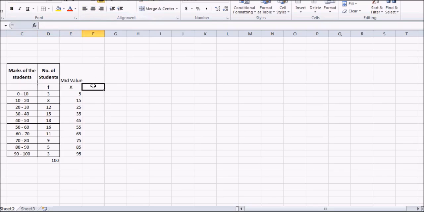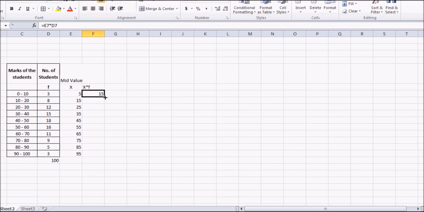Okay, so now we'll find the product of x and f, which will be x multiplied by f. Here in this case this is our x and this is f, so simply use the function x multiplied by f and we get the product.